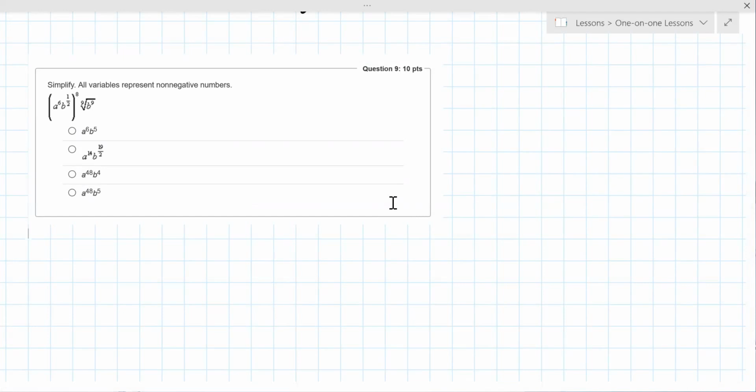All right, this is one you did already. It was the last question or second to last question on one of the previous assignments. So go ahead and try this one on your own and see if you can get the right answer.